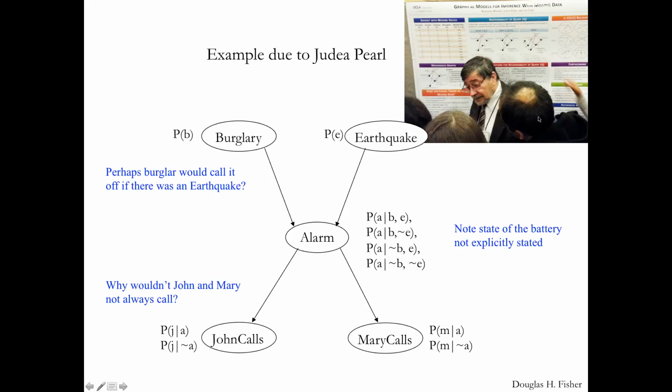He's more or less a co-inventor of Bayesian networks. Some would say the sole inventor of belief networks, but he's done some really groundbreaking work in graphical representations of probabilistic information. And so here's the Bayesian network that is due to Pearl.